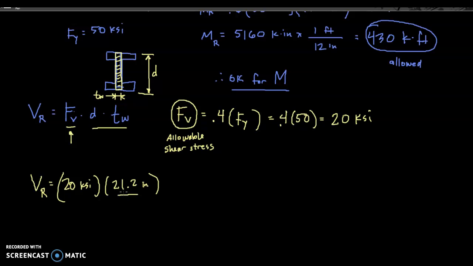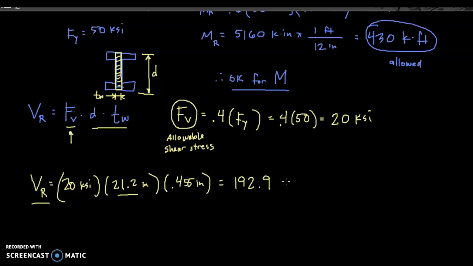For analysis and design purposes, we want to use the 21.2, not just simply 21. And the thickness of the web is 0.455 inches. So if we take our 20 times 21.2 times 0.455, that is equal to 192.9. That's the V resistance, the shear resistance.